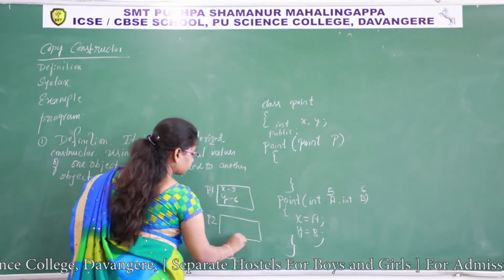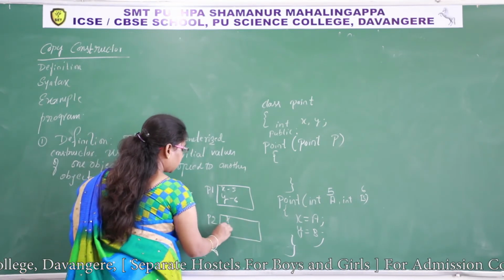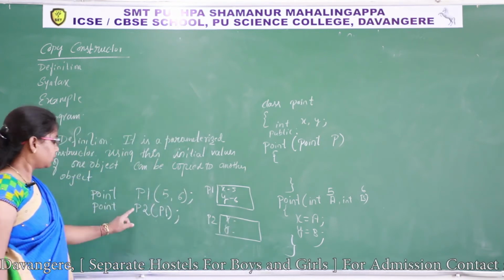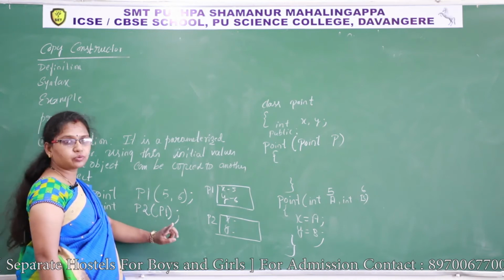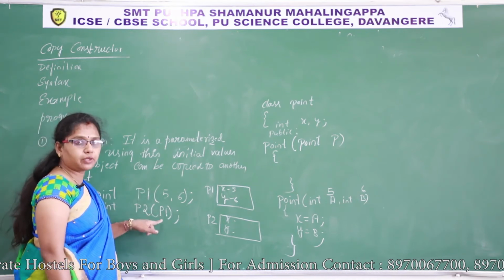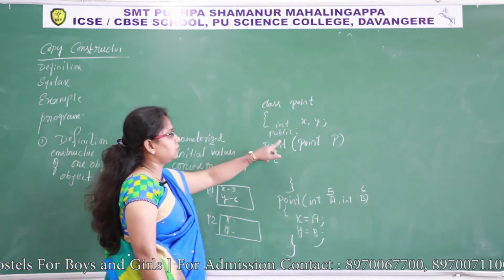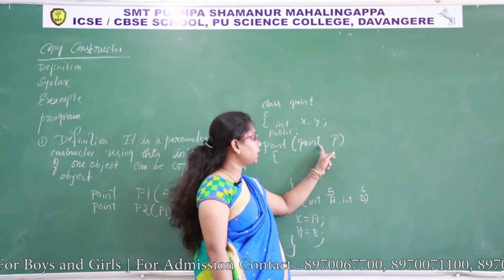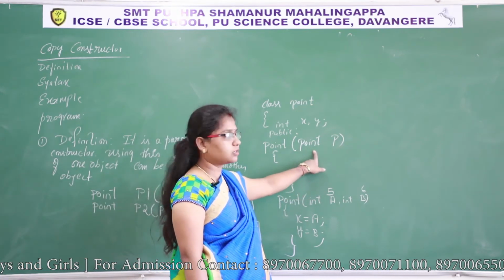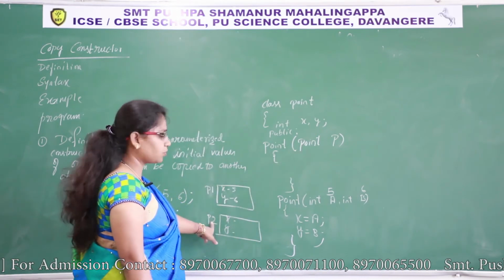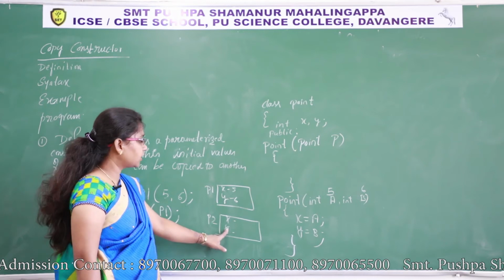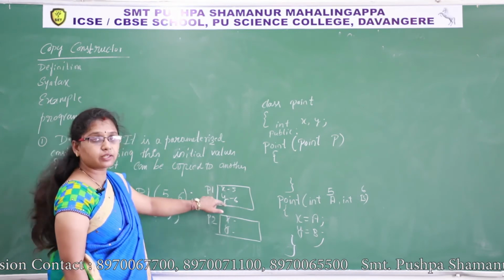Now another object is P2. Here also X and Y are there. For this object creation, which constructor has to execute? What type of argument are you passing? Point type. So there is a matching constructor. So I have to initialize values for this object. For P2's x and y, whose x and y should come? P1's x and y should come.